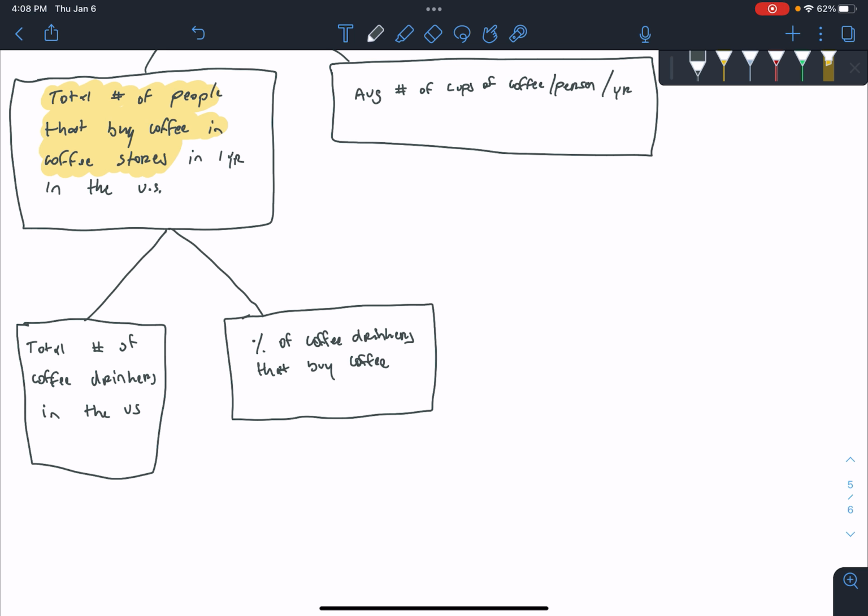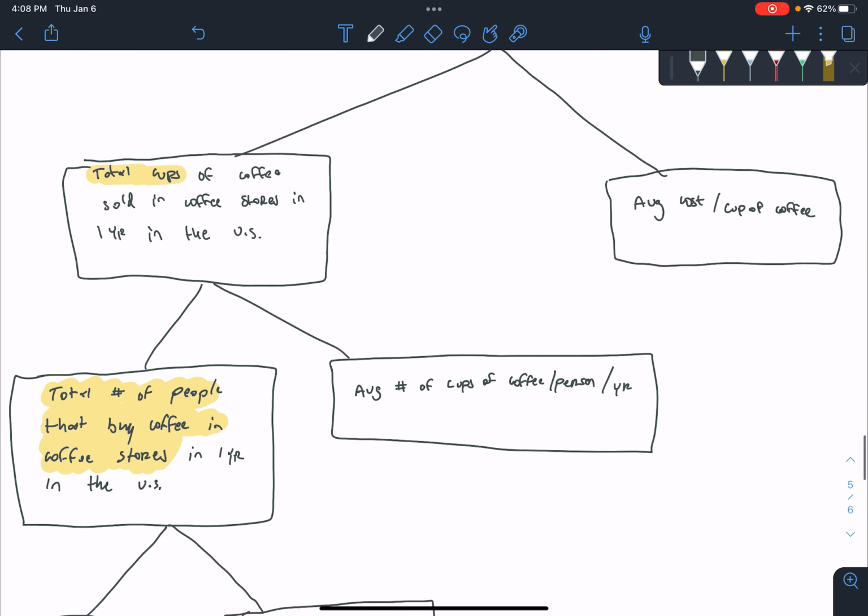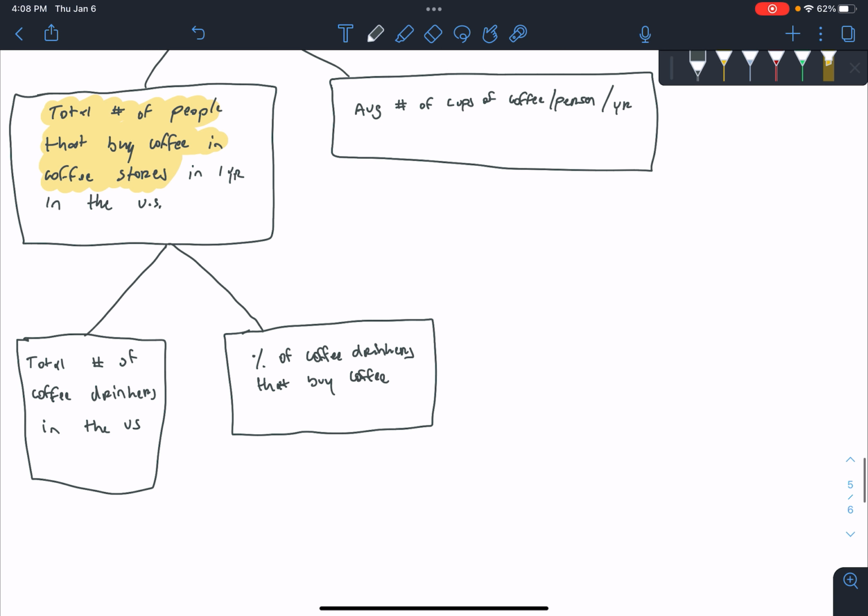Right? Now, you might be asking at this point, well, hold on, what about people who both buy coffee and make it at home? And that is something that you can consider. For the sake of this Fermi estimation, we're not really going to pay too much attention to them because we're going for a relatively quick estimation. If you were very specific about it, you could consider them too.